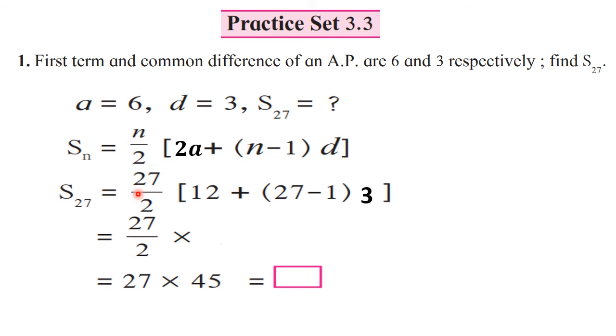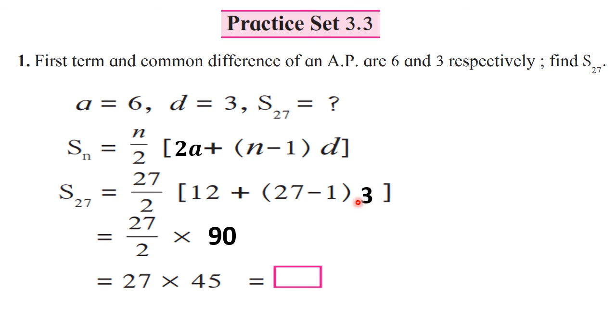Now in the next step, the values are not substituted. That particular step is hidden here, it is not given. Directly 12 is given. See, 2 into 6, 12. And since we want to find S27 here, the value of n is written as 27 in both places. Then n is 27 again, minus 1, and the value of d, you can see, you have to write down.